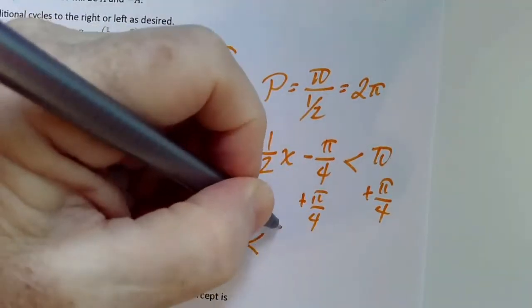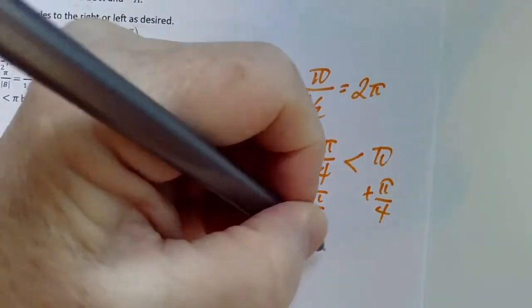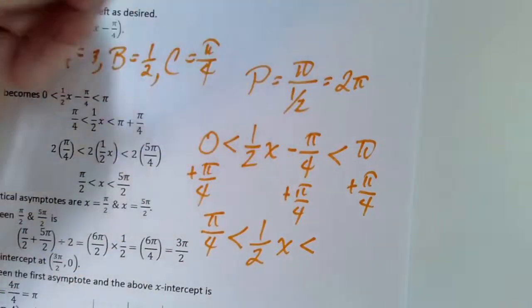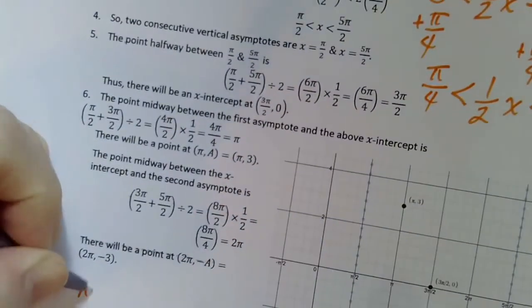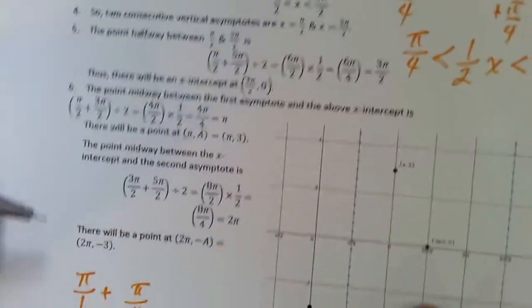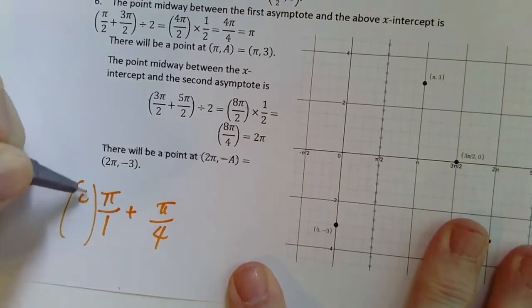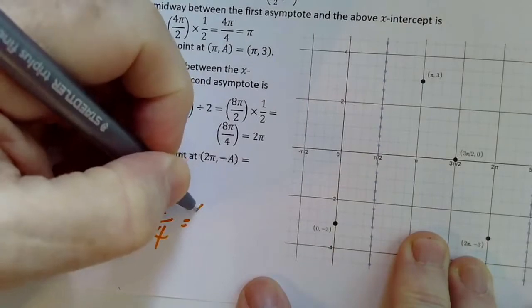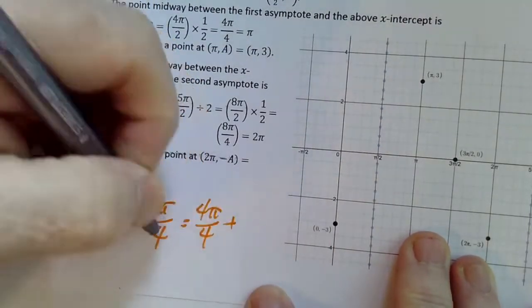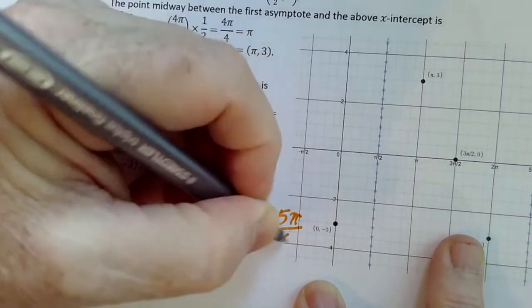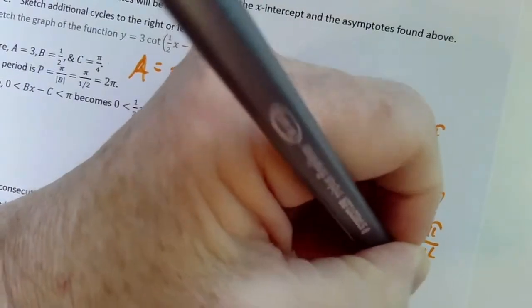In the center, we'll have 1/2 times x. And on the right, well, let's see, pi over 1 plus pi over 4. I need to multiply pi over 1 by 4 over 4. That gives me 4 pi over 4 plus another pi over 4. And that's 5 pi over 4. So 5 pi over 4.